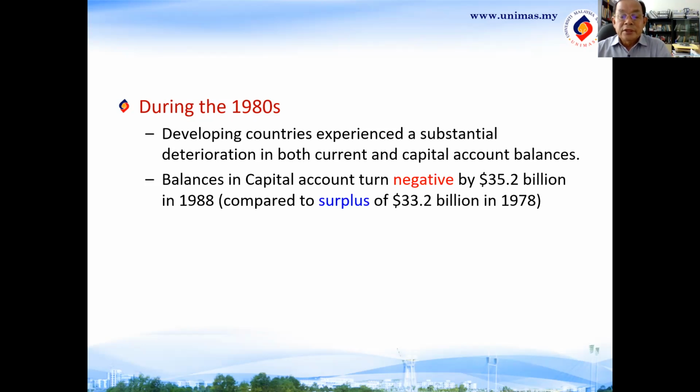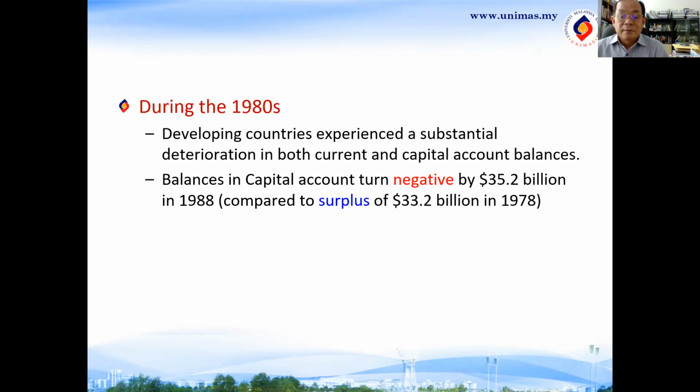And balances in the capital account turned negative by 35.2 billion US dollars dalam tahun 1988 compared to a surplus of 33.2 billion in 1978.